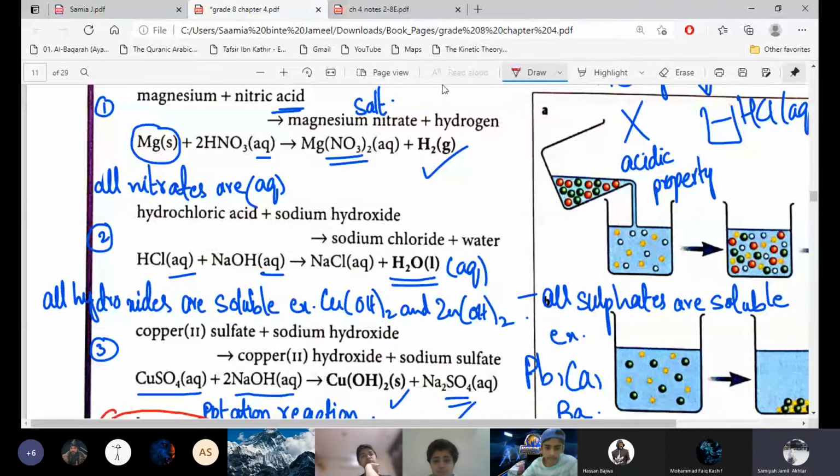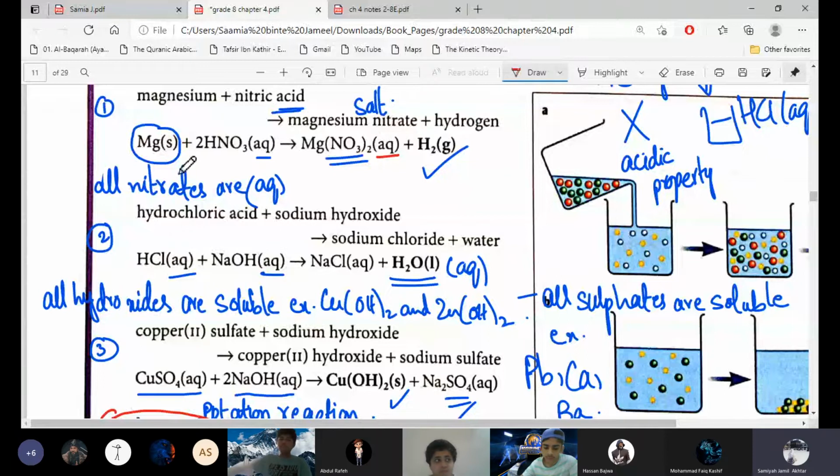Good. And hydrogen is also changing. Magnesium on the reactant side is solid, but on the product side magnesium is aqueous. And hydrogen is present in aqueous form in HNO3, in nitric acid it was aqueous, but after the reaction it's gas.